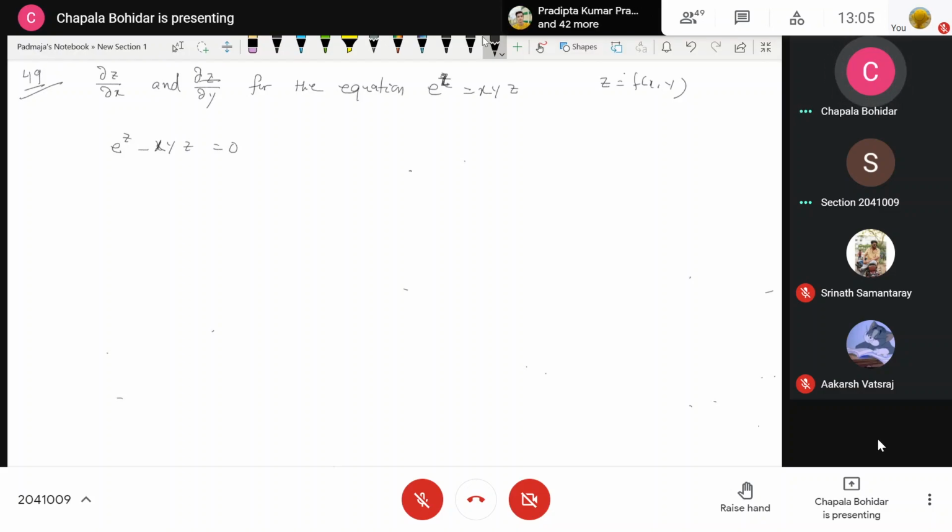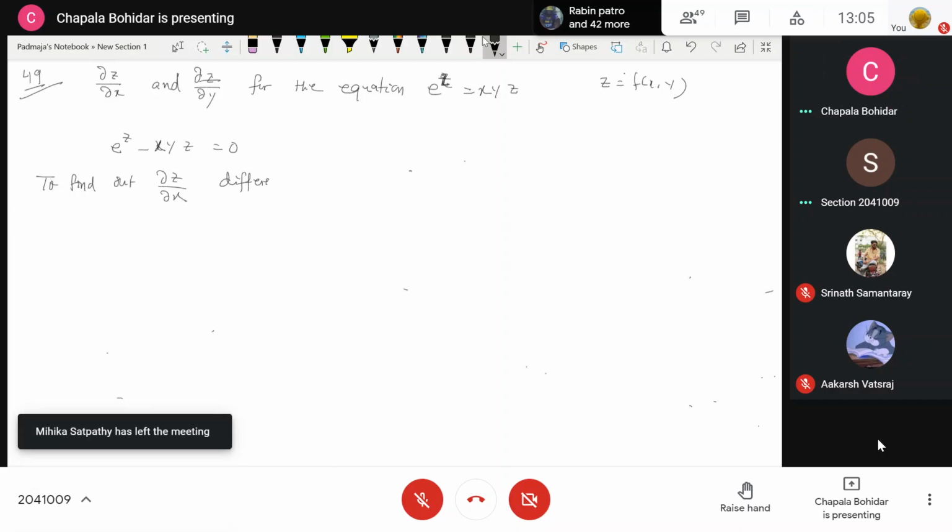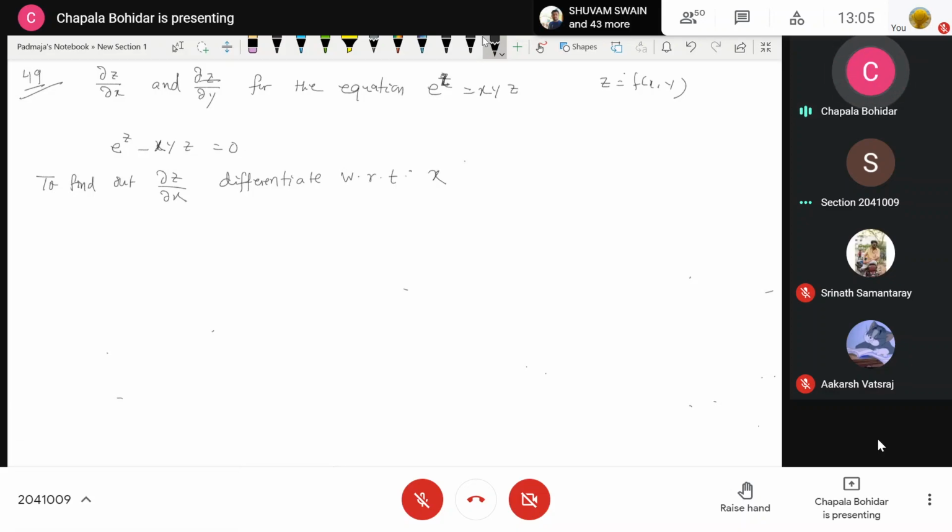First differentiate to find del z by del x, with respect to x, keeping y constant. Only y is constant, not z, because z is a function of x, y.